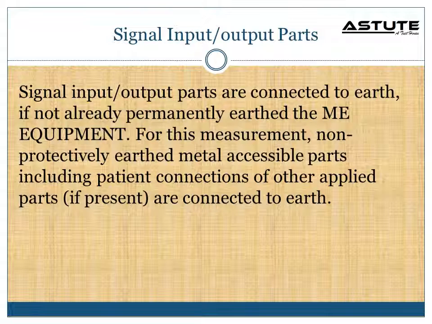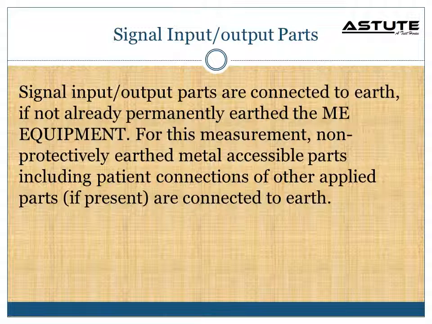SIP or SOP, that is, signal input port or signal output port, is the part of the medical product that is not an applied part but is intended to send or receive signals from other external equipment.